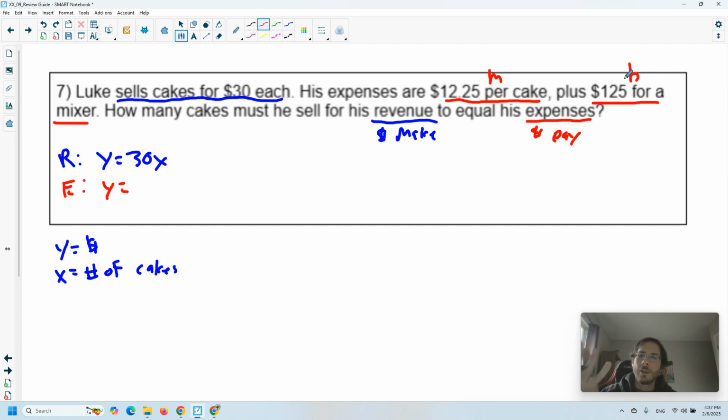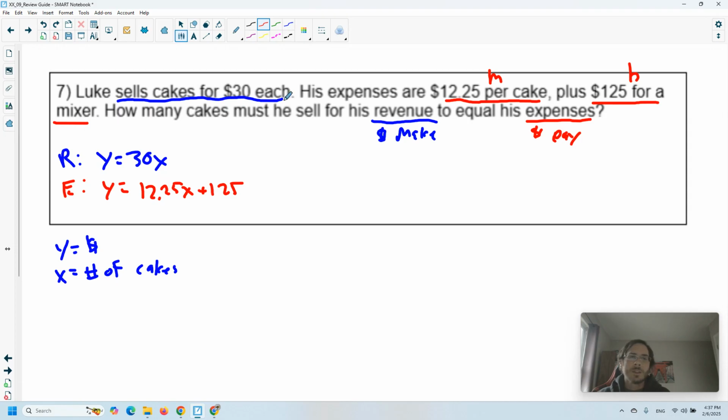We have to pay the $1.25 first, and we're going to pay $12.25 each time, so we're going to increase by $12.25. So y is equal to 12.25x plus 1.25.